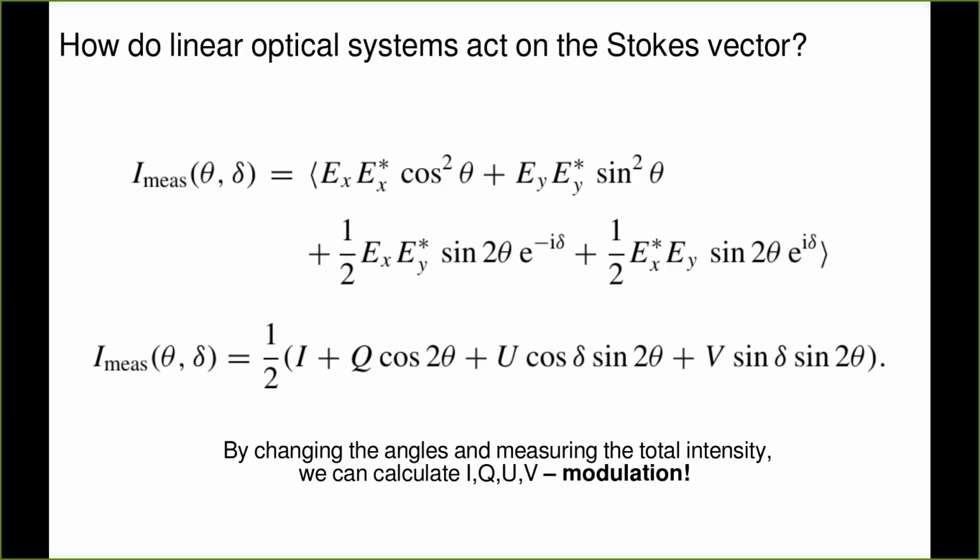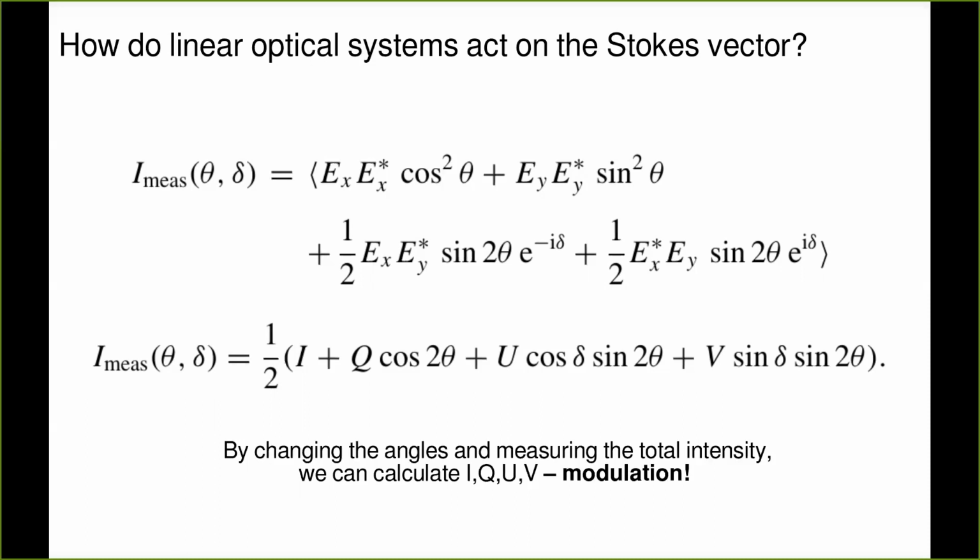I don't expect you to connect this derivation immediately, but this is what it turns out. So when I have a system with a linear polarizer and a retarder, and I orient them in some way, I'm going to get some linear combination of I, Q, U, and V.